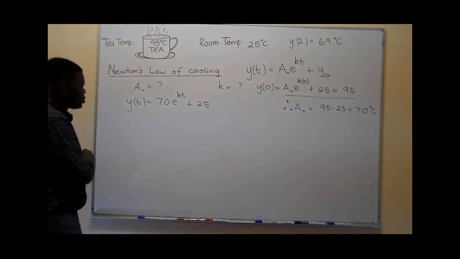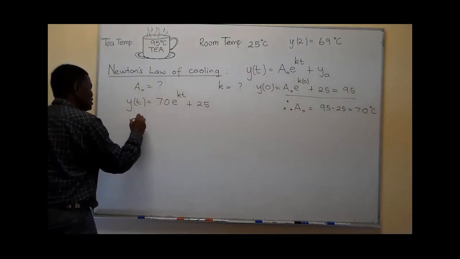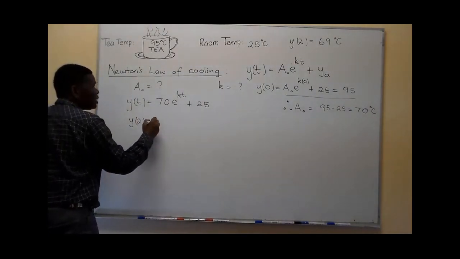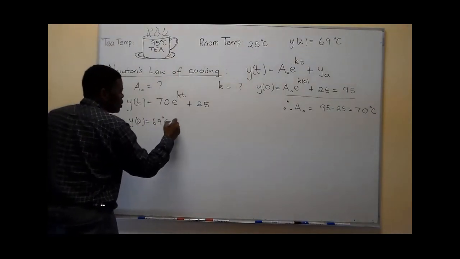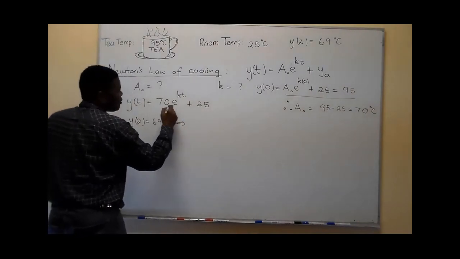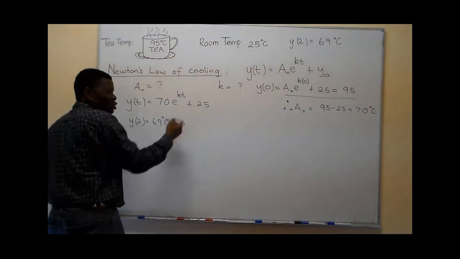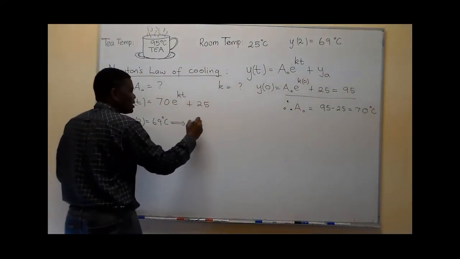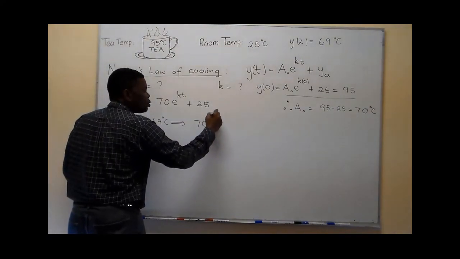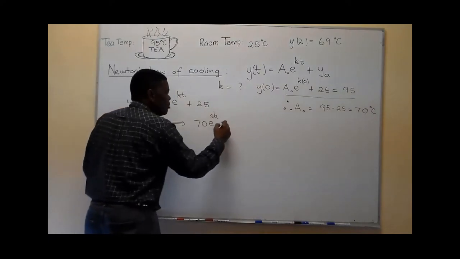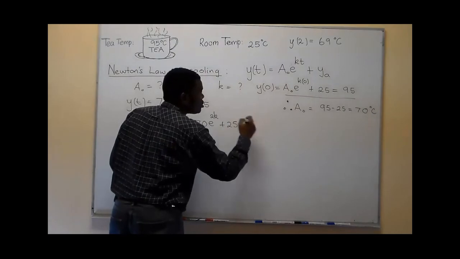So what we need to do now is evaluate this function at 2, and we're told that it is going to be equal to 69 degrees Celsius, which implies that the value of this expression, substituting t by 2, is going to give us 69. So we write here 70 e to the power 2k plus 25, that is equal to 69.